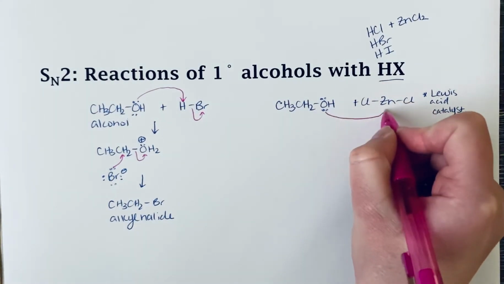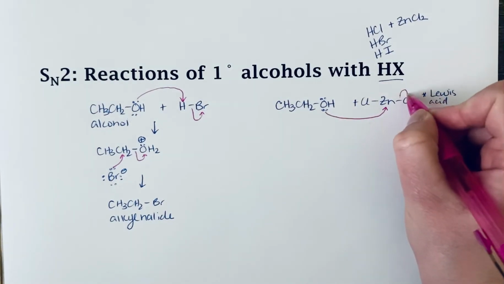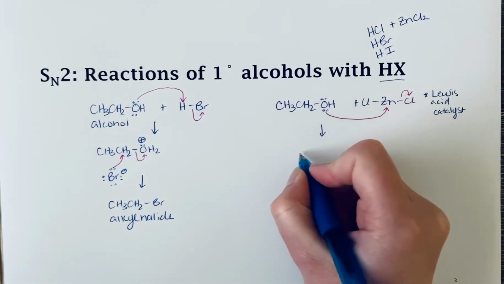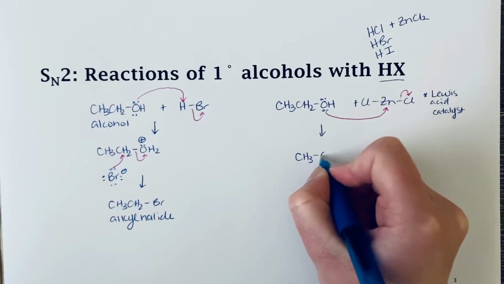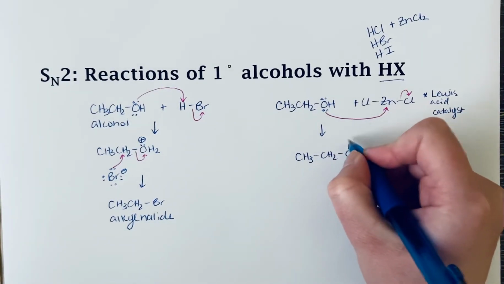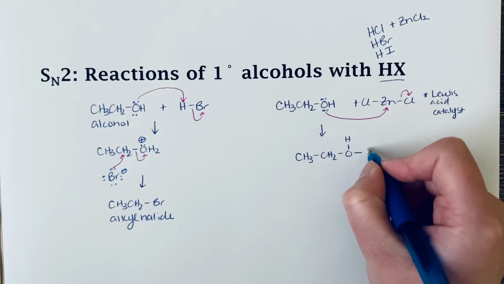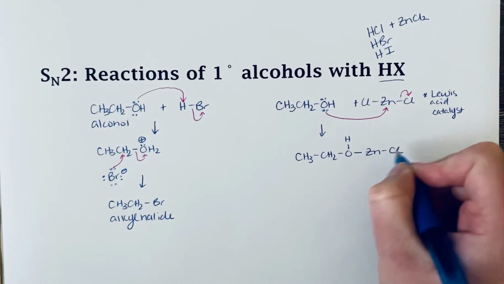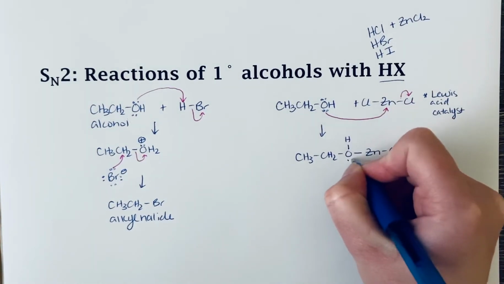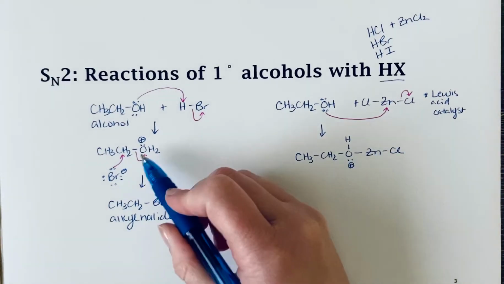This oxygen is attacking the zinc, and it's going to lose one of those chloride ions. So we have our oxygen, which still has a bond to hydrogen, and also has a bond to zinc, which has a bond to chlorine as well. We have a positive charge on the oxygen, much like the previous one.